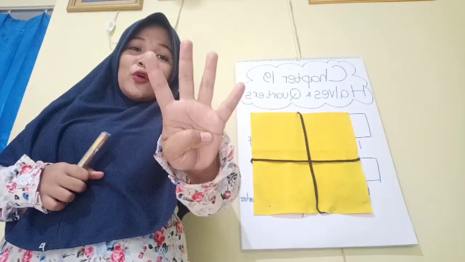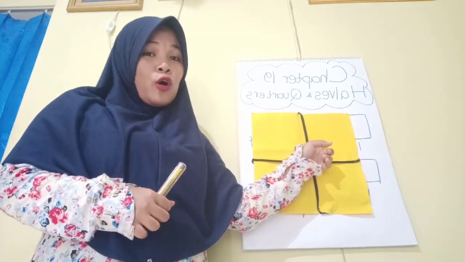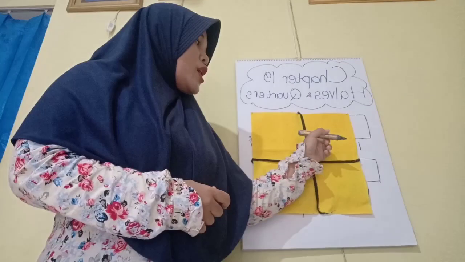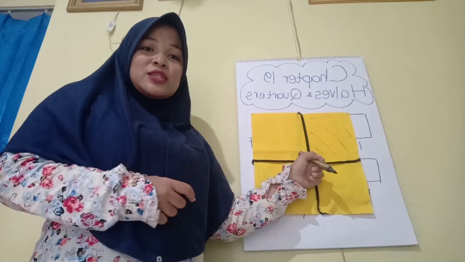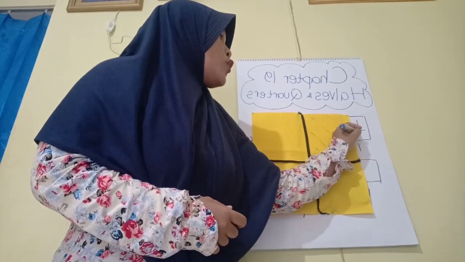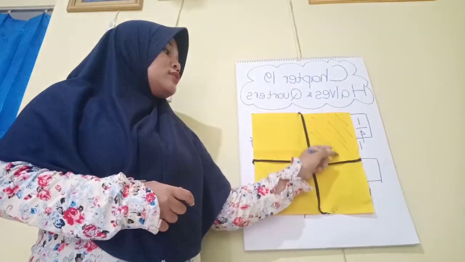Yep, there are four. So every part of the rectangle we call one quarter. So if I shade only this one, this becomes one quarter.